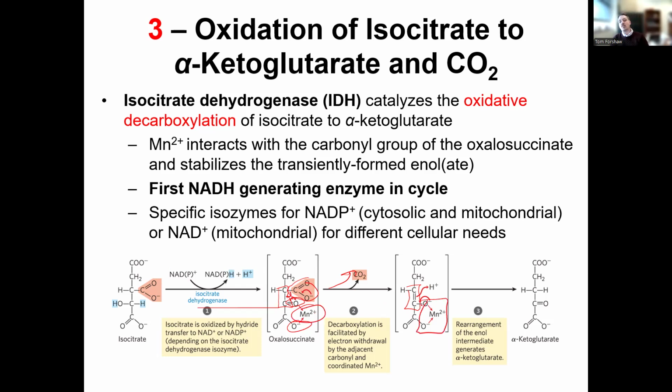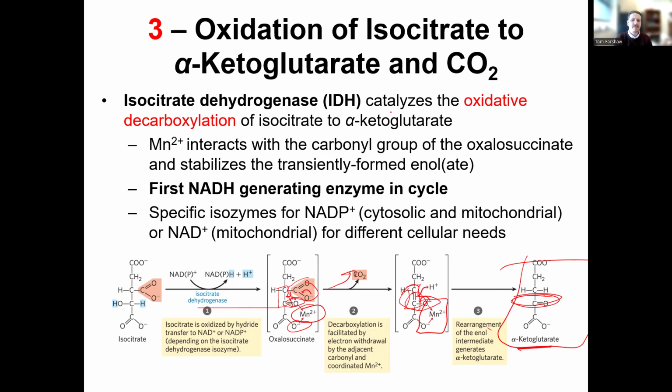Whereas it might require a lot of energy to generate these two negatively charged oxygens, because you have a cation acting as a counterion, that lowers the activation energy to get it to a point where it may potentially occur. And then at the end, you get the rearrangement of the enol intermediate to the carbonyl, to generate alpha ketoglutarate.